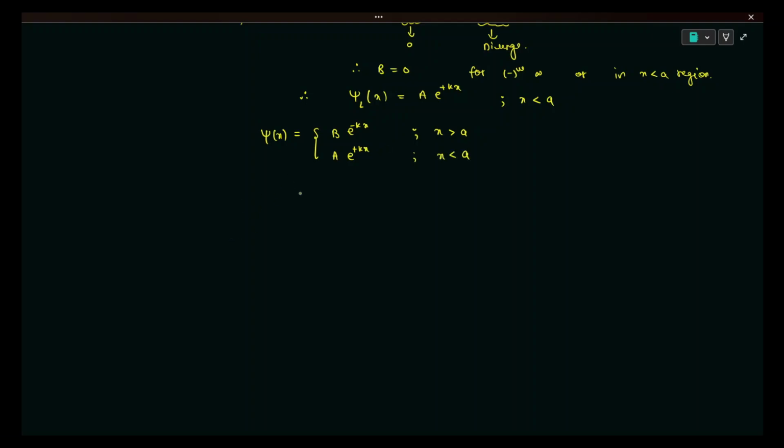Now we still need to know about the coefficients a and b. So what we can do, since at x equal to a, the wave function must be continuous.